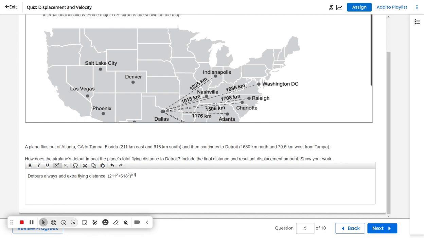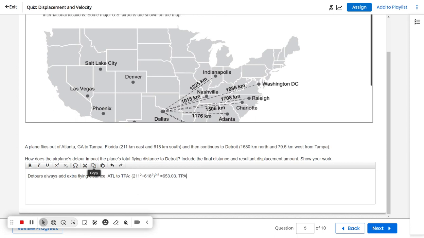From Atlanta to Tampa, I'm just taking these two numbers and adding them. That's going to give me 653.03.